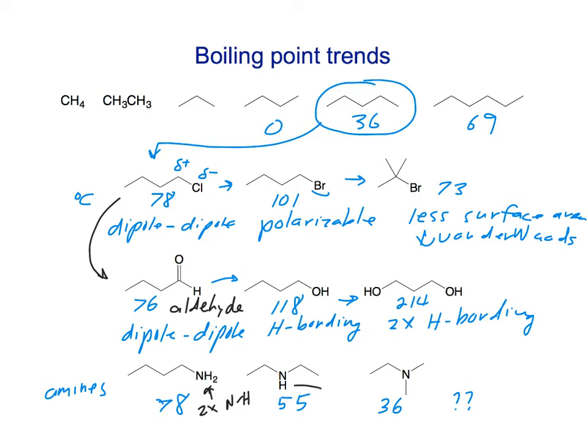The one in the middle has only 1 NH, so it has half the hydrogen bonding. Notice the compound on the right has no NHs. So this can do no hydrogen bonding. And so as we look at this, the intermolecular attraction increases as we go from right to left as we increase the number of hydrogen bonds.